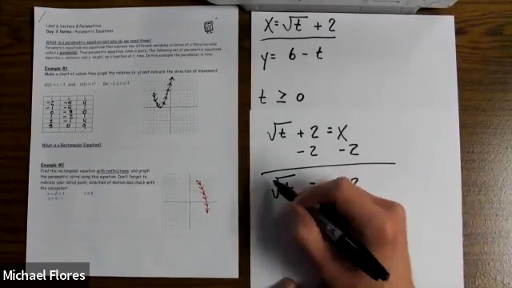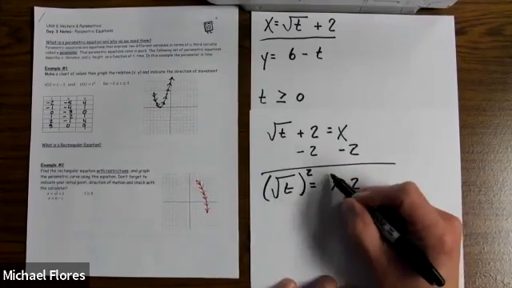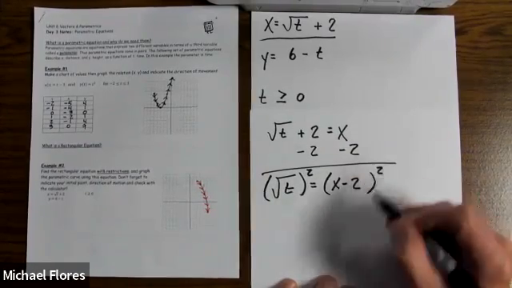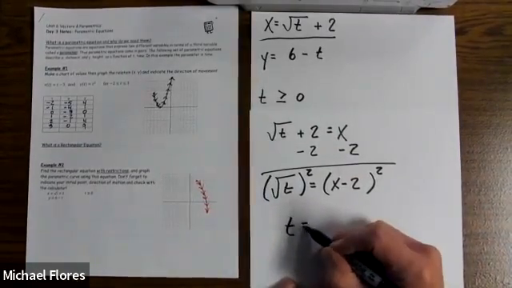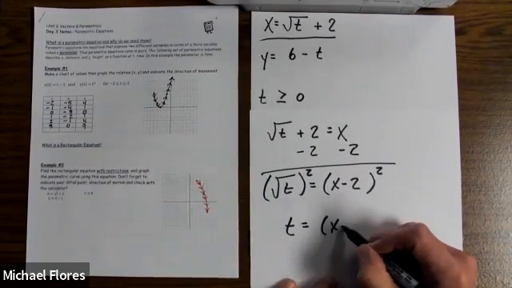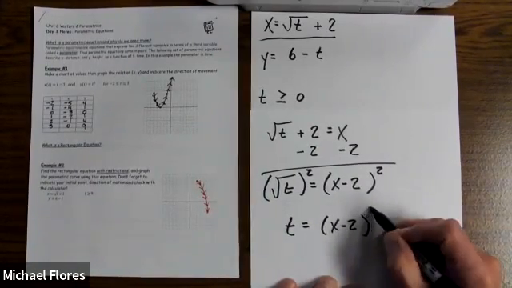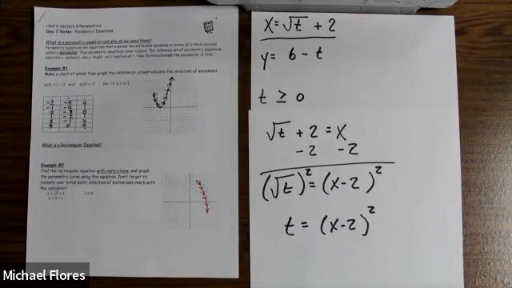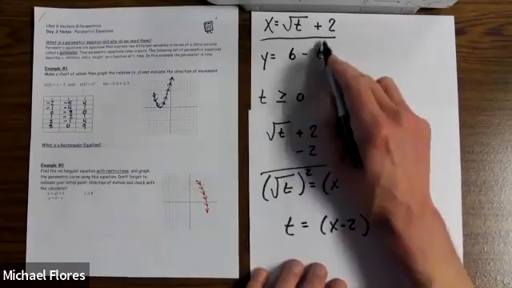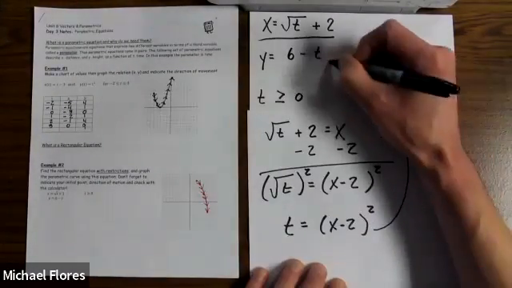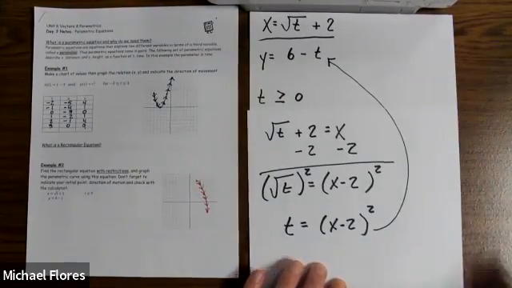And now to eliminate the square roots, we're going to square both sides. We now have t all by itself. So what we can do is, now that we know what t is, we can plug it in. We can use substitution.